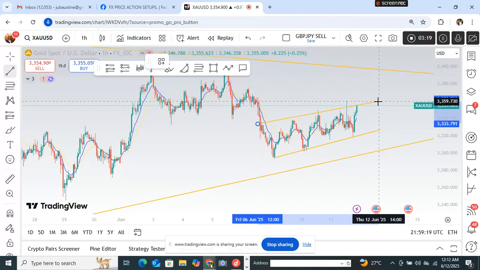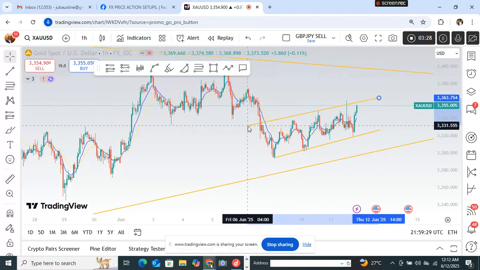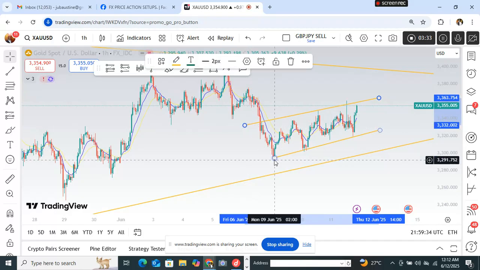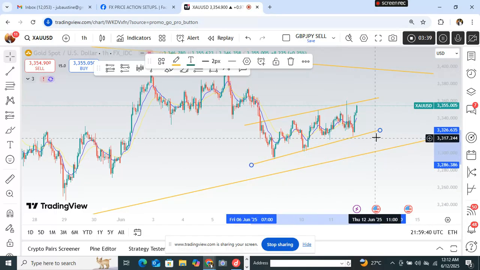Okay, so we can see that this is a very important stage of the consolidation from the higher time frame, so from the lower time frame, I mean. So we can see that we have an ascending channel, and the market is at the top of the channel.